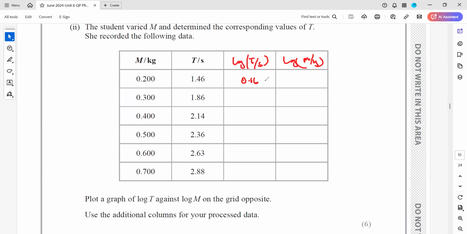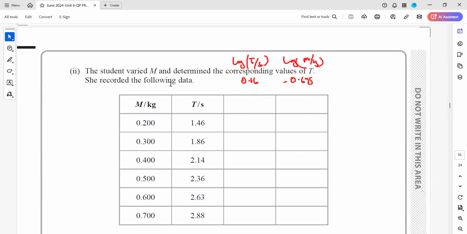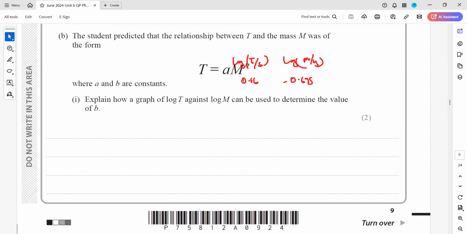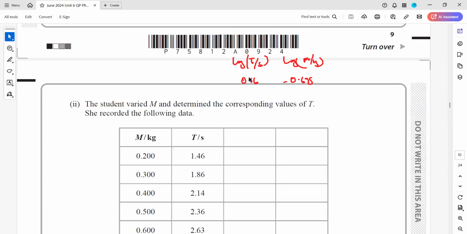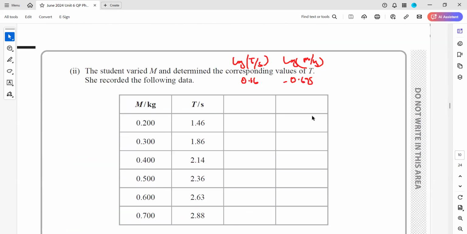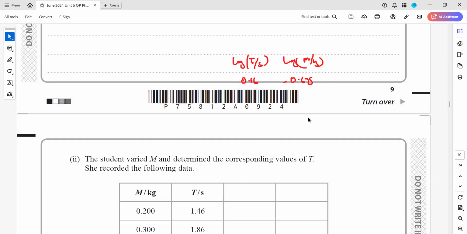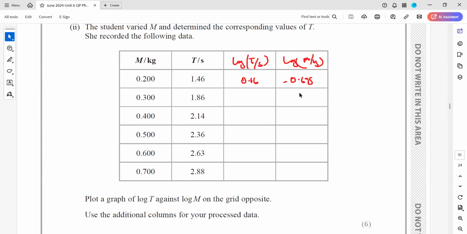And what about log m? It is negative 0.698. Log m was on which axis? The log m was on the x-axis, and log T was on the y-axis. So we will need a negative x-axis here.